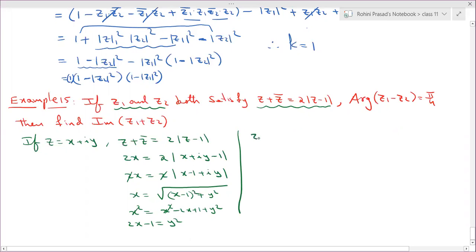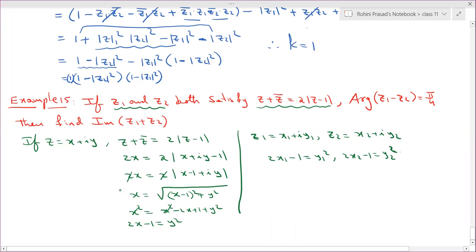Now if z1 equal to x1 plus iy1 and z2 equal to x2 plus iy2, as both z1 z2 satisfy this equation, 2x1 minus 1 equal to y1 square and 2x2 minus 1 equal to y2 square. Now another piece of information given is argument of z1 minus z2 equal to pi by 4.